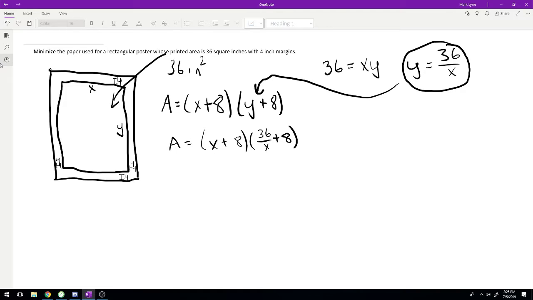It'll make our derivative a little bit easier. So if we FOIL this out, I'll let you do this on your own, but you'll get 36 plus 288 over x plus 8x plus 64.